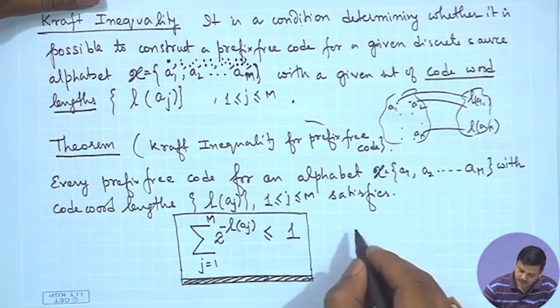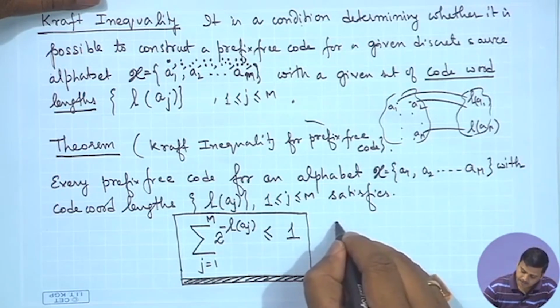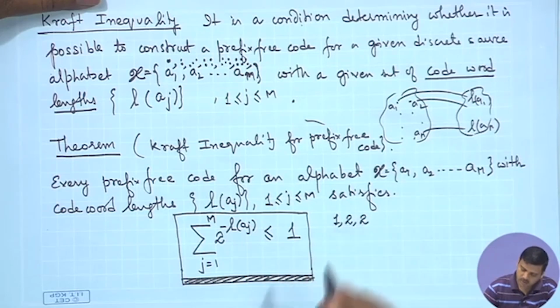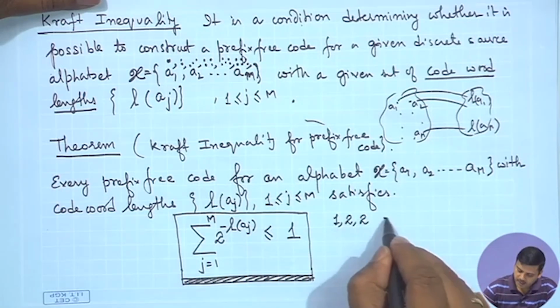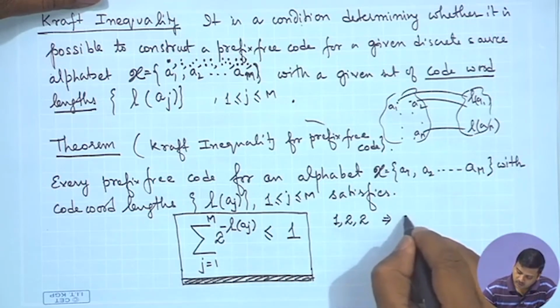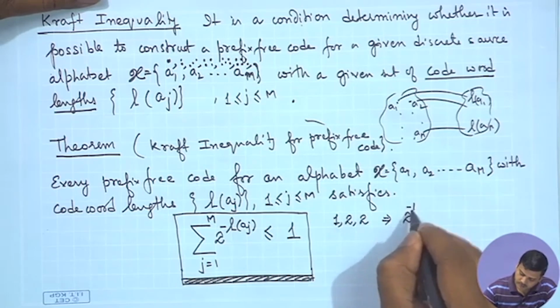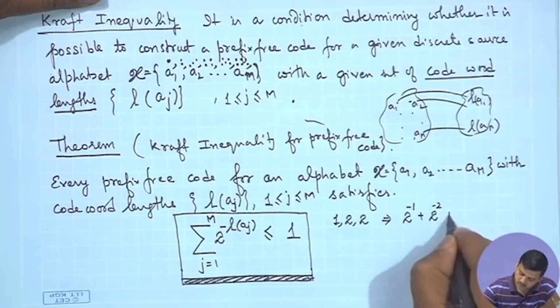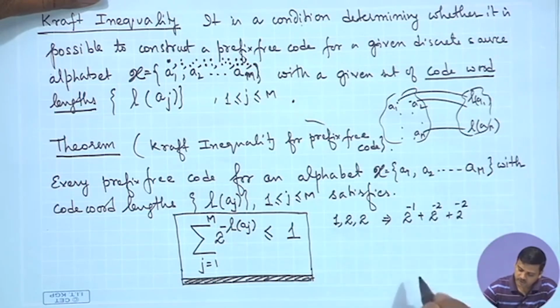So, if I give you, let us say, the lengths as 1, 2 and 2 and ask whether I can construct a prefix free code with this or not, what you are going to do is compute 2 to the power of minus 1 plus 2 to the power of minus 2 plus 2 to the power of minus 2.